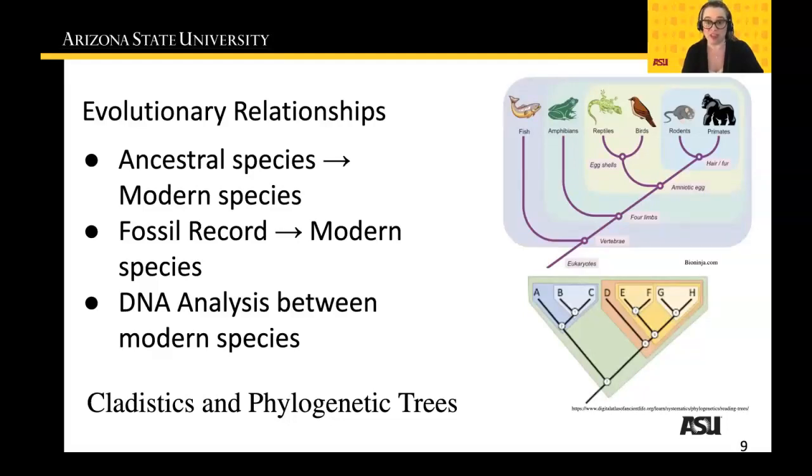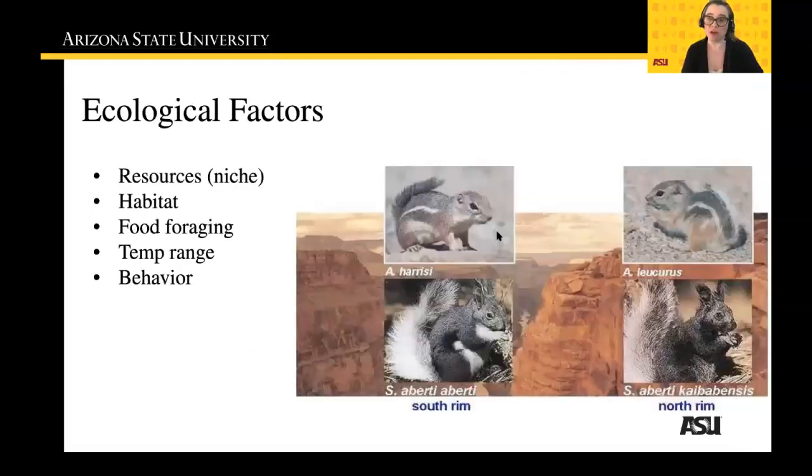Another way we identify the relationship between organisms is through DNA analysis between the modern species and the ancient species, or fossil evidence. This idea of grouping organisms by classifications is known as cladistics. We often use cladograms and phylogenetic trees to demonstrate these evolutionary relationships. We will talk more about cladistics and phylogenetics in another chapter.